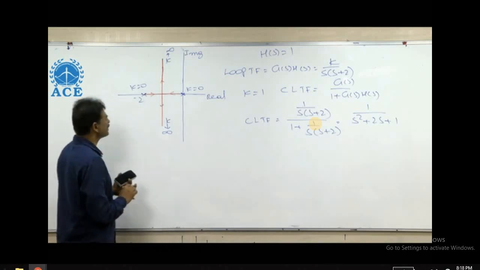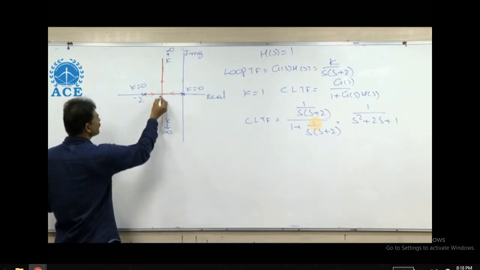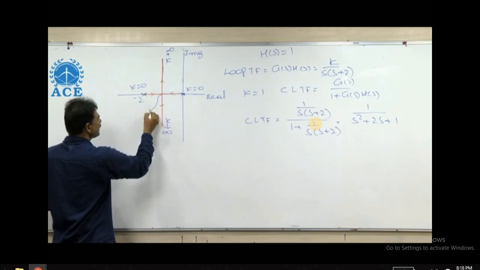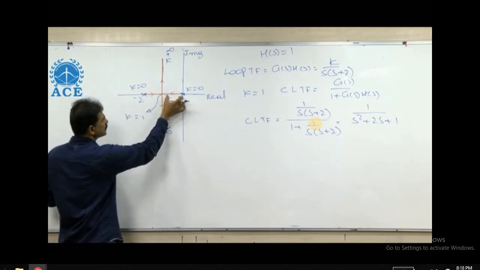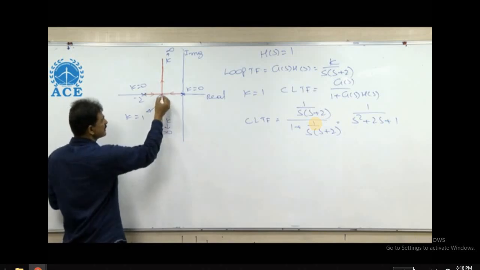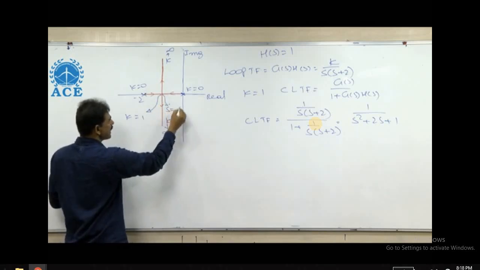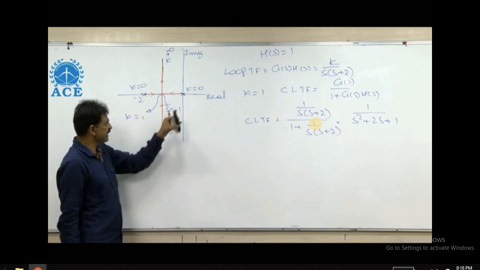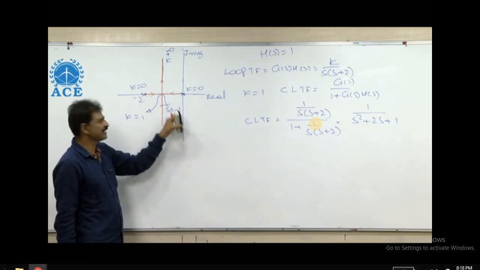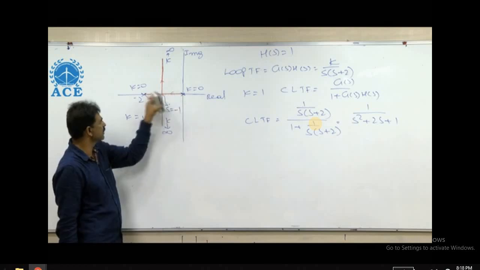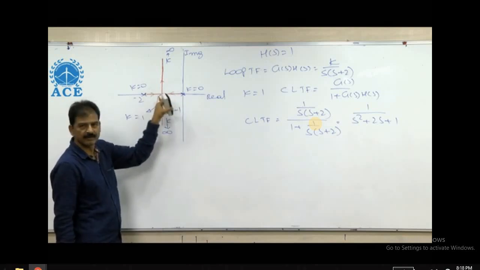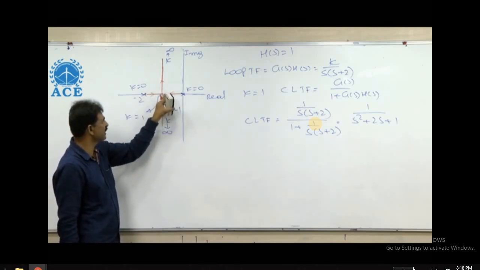But to my knowledge, one must not use pen and paper for this. Definitely the value of K here is 1, because 1 into 1. The breakpoint is a midpoint. s is equal to minus 1 is a breakpoint. At the breakpoint, K is equal to 1 here, because the distance from poles product is 1 into 1 divided by no zeros. Therefore, K is equal to 1 here.